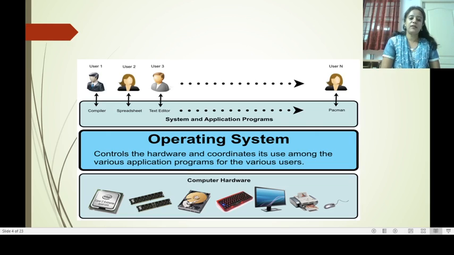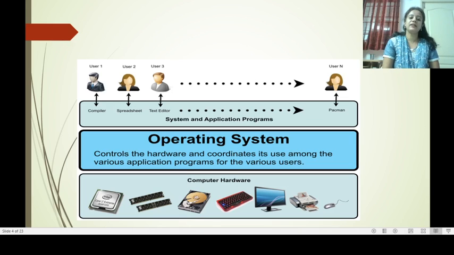The operating system acts as an interface between the computer hardware, such as printer, scanner, CPU, mouse, monitor, and also between the user programs or application programs, because the user cannot access the computer hardware directly. Someone should be there in between to access these resources in an efficient manner.